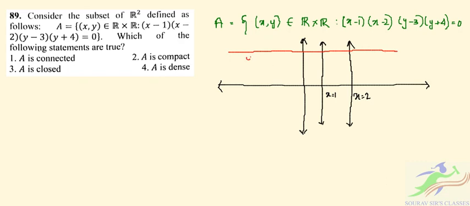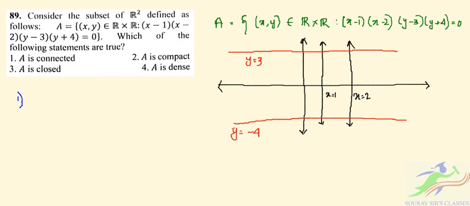This is y at 3, and at this point of time you may ignore the scaling. This is y equal to minus 4. So the set A is given by this, right? We have made the problem much more simple, and now we will see one by one.